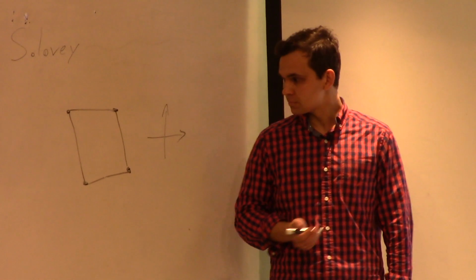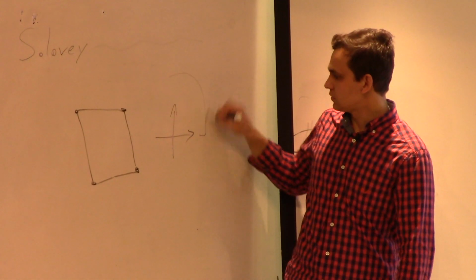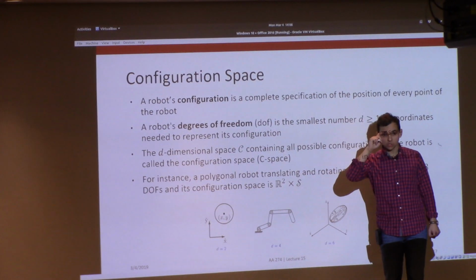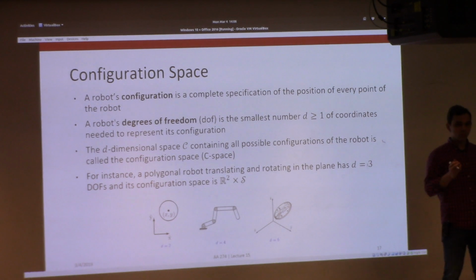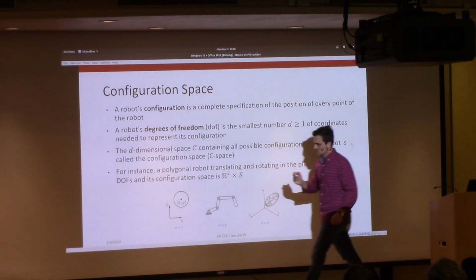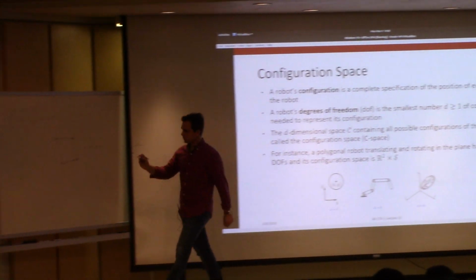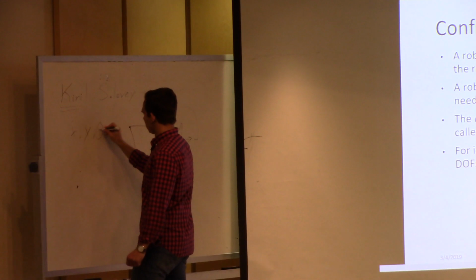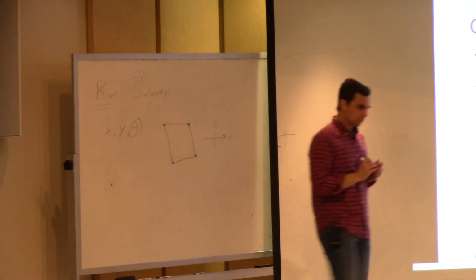Just 2, right? If we also allow it to rotate, we already have 3 degrees of freedom. So a configuration for such a robot, a polygon that is allowed to translate and rotate, consists of what? Of 3 coordinates, x, y, and theta.